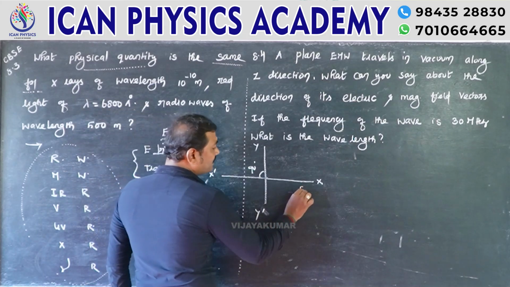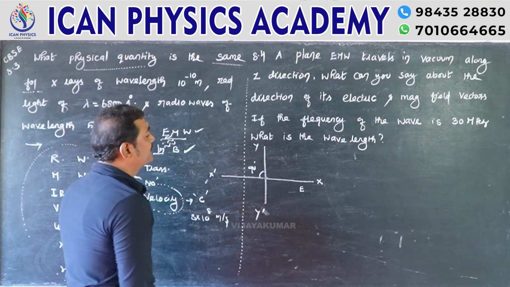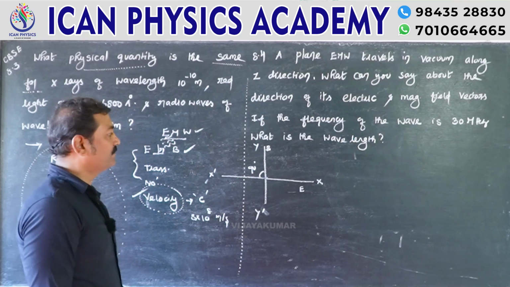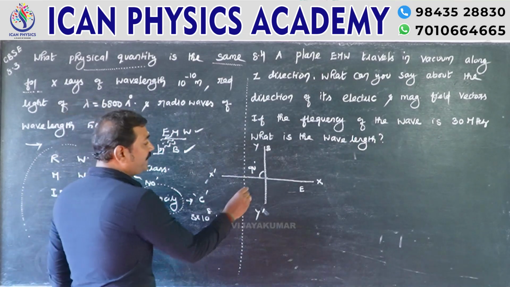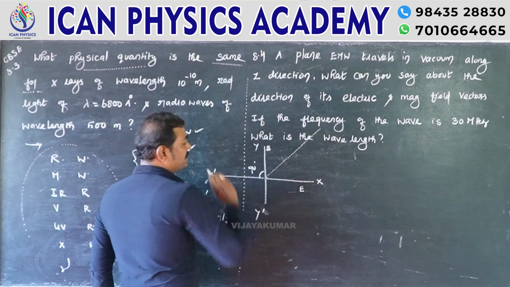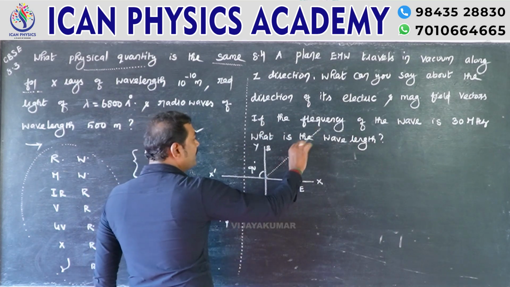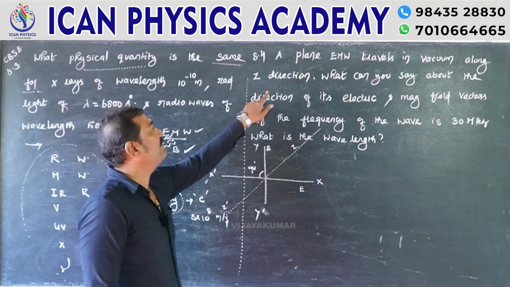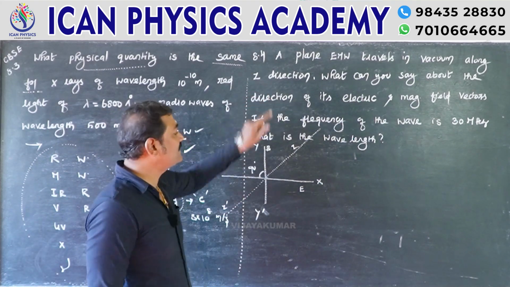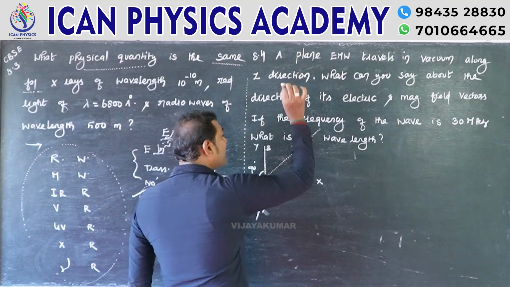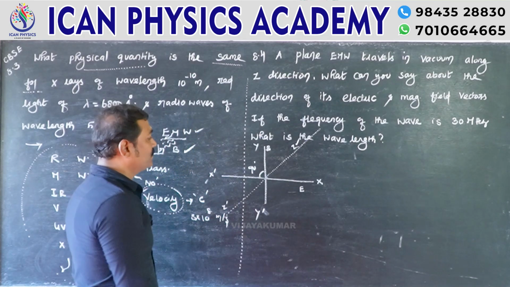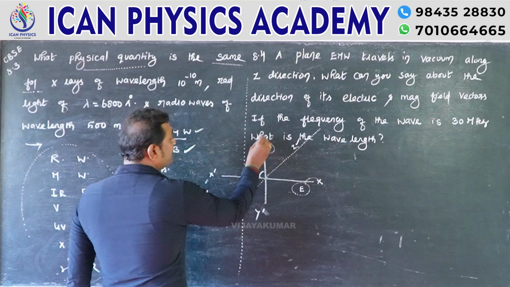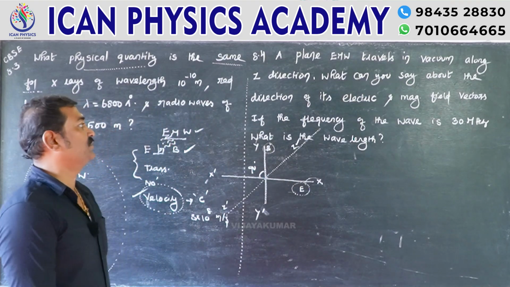Now I am giving the electric field in the direction of x and the magnetic field in the y direction. So the resultant will be acting along this direction, so it may be z dash. Here, what we set is the z direction. So the electromagnetic wave is in z direction, so that the electric field is in x and the magnetic field in y direction.